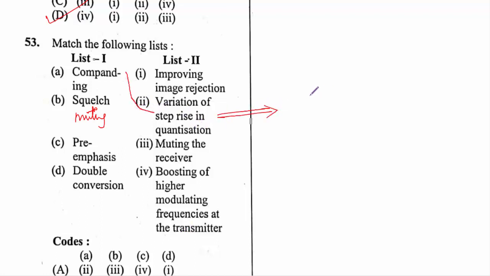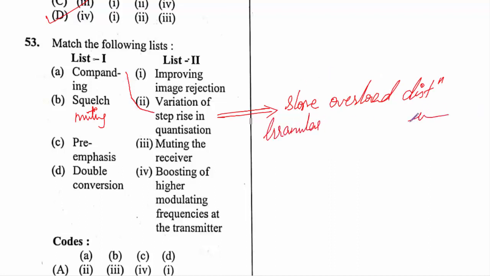This is done to overcome slope overload distortion and granular distortion. Squelch circuit or muting circuit is for muting the receiver. Whenever you are not receiving the signal, there is no need to turn on the circuit. If you are not using the laptop, let it be in an idle mode. That is what you mean by muting circuit.